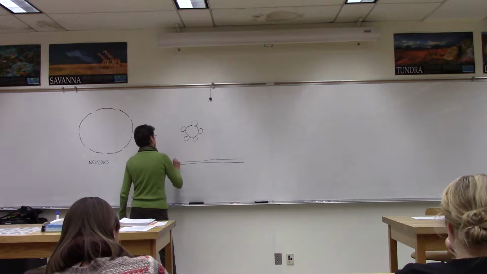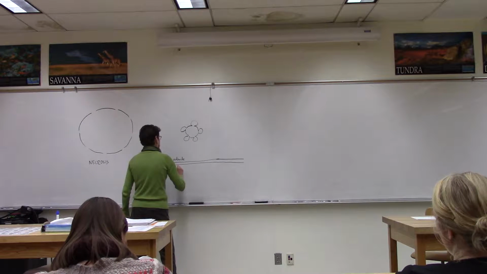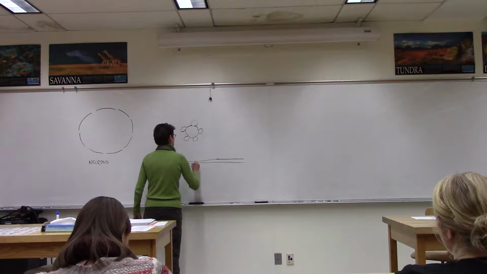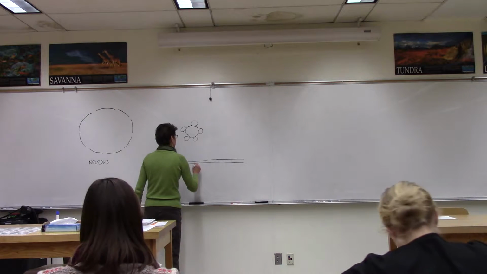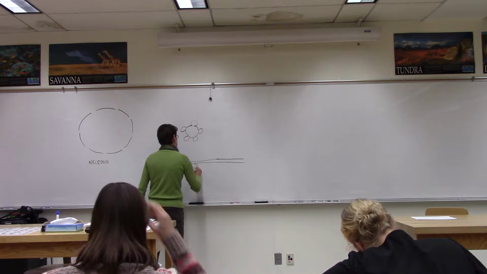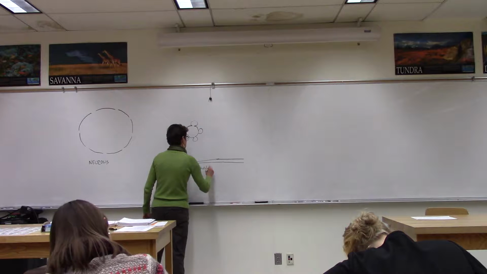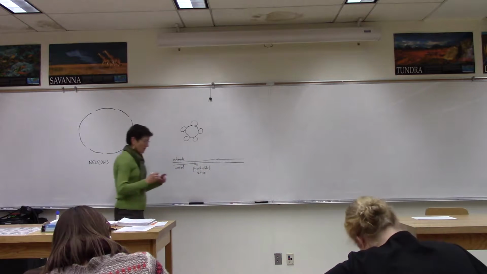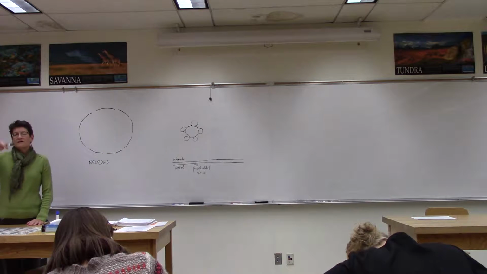okay, so this is outside the cell, and this is inside. This is the plasma membrane. One of the phospholipids, I'm just going to do that, phosphatidylserine, is almost always at the bottom, on the inside of the cell.